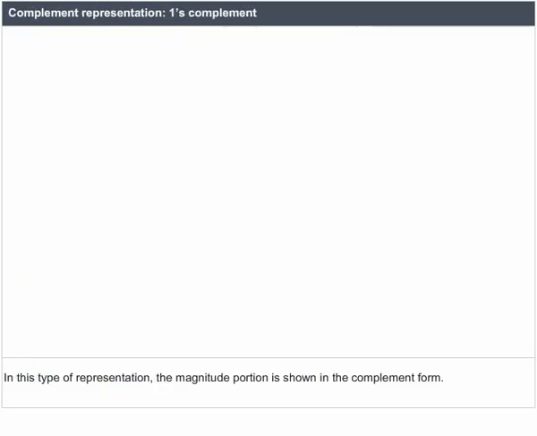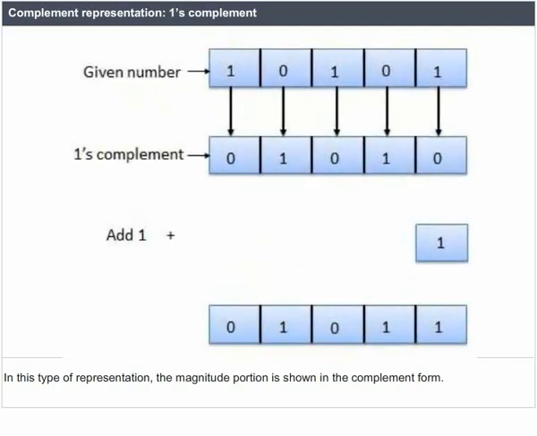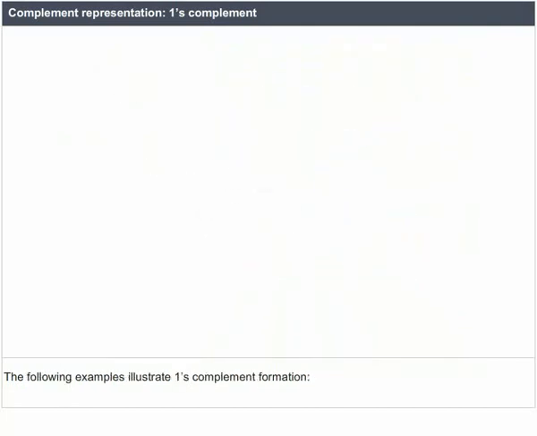Complement representation, ones complement. In this type of representation, the magnitude portion is shown in complement form. The ones complement of a number is obtained by complementing each bit. All ones are made zeros and all zeros are made ones. The following examples illustrate ones complement formation.